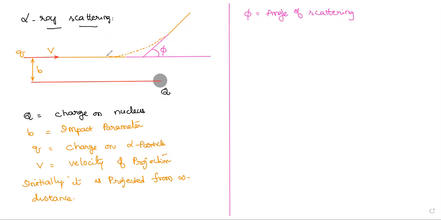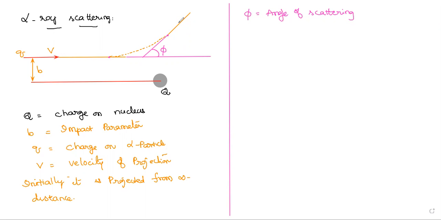Here I'm considering that from here to there a large force is acting on the alpha particle, and all those distances are considered infinite distances compared to the atomic separations. Suppose the velocity is changing from here to there, almost in that region.